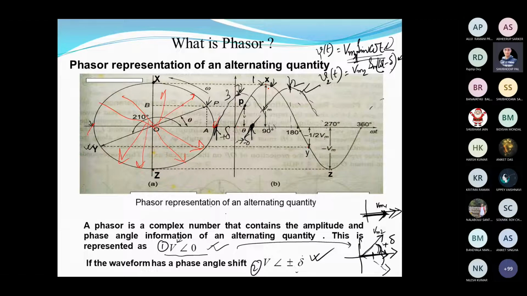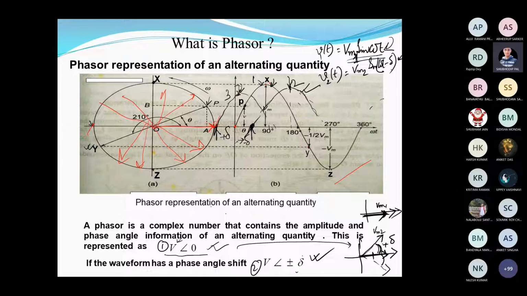So any sinusoidal quantity can be represented by a vector, and of course it has some phase also, with which it is rotating. If it is crossing zero exactly at t equal to zero, then at that time the vector is pointing towards this.